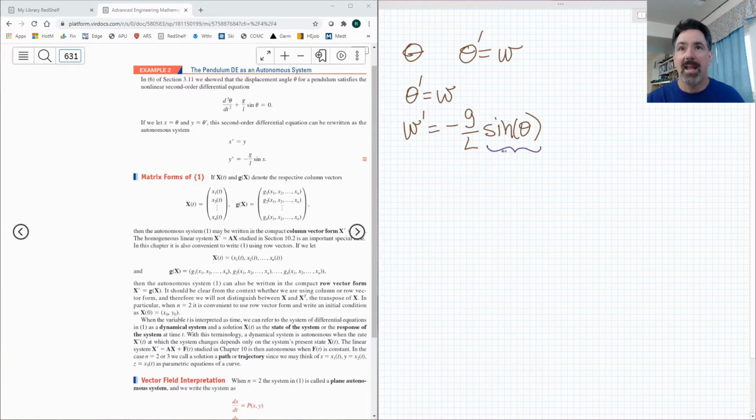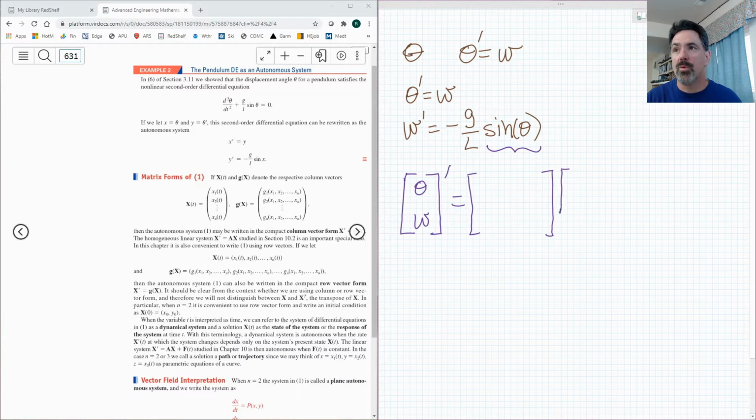So it's worth noting we cannot represent this, so remember back to the linear algebra portion of the course. We might want to represent this so that we can use all of our powerful linear algebra tools. We might want to represent this as some kind of a linear system with a matrix. And so we have our vector of unknowns, which are theta and omega.